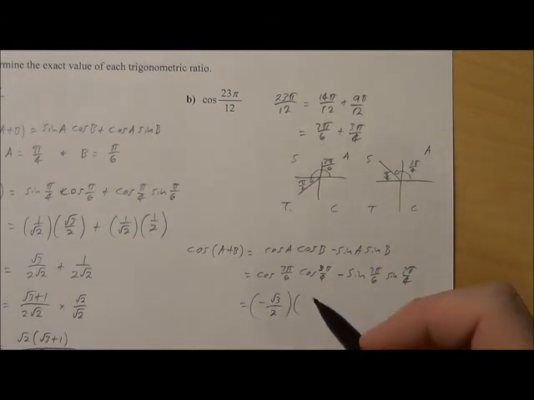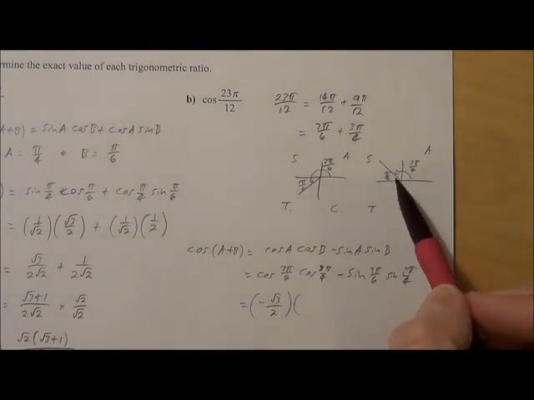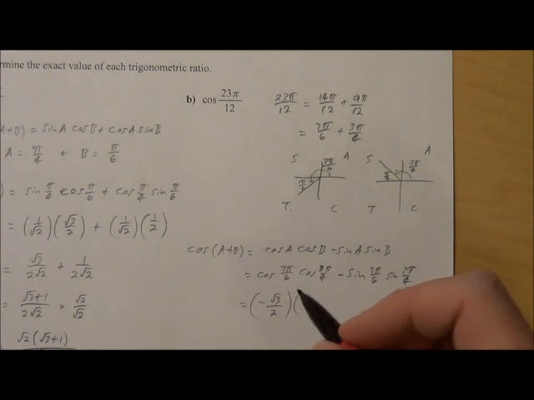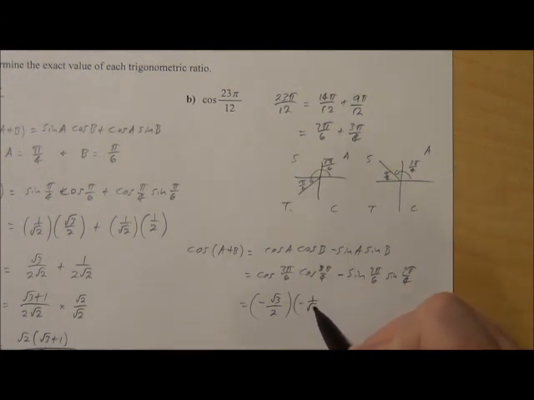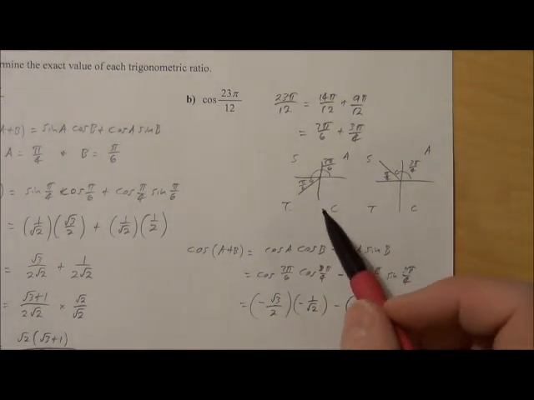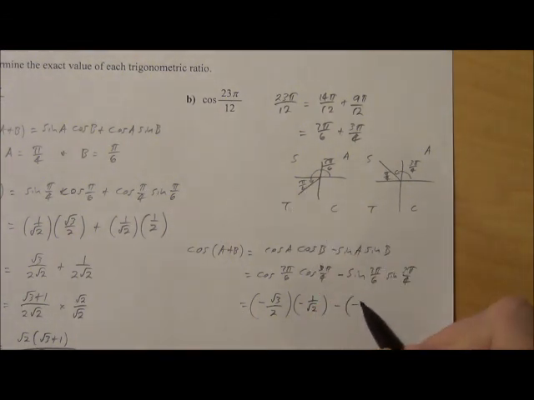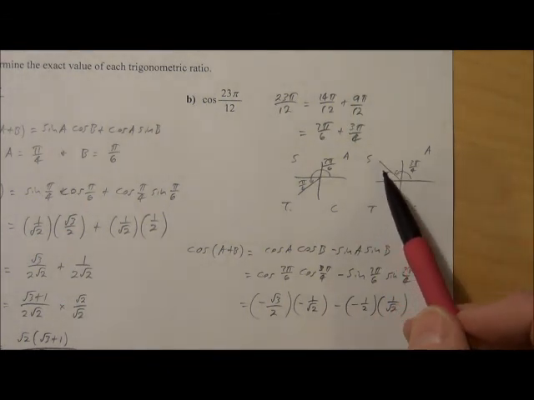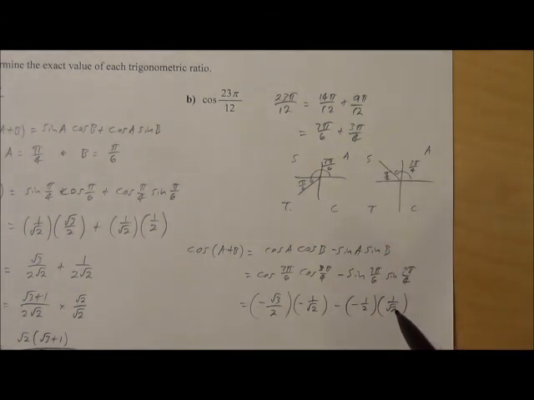Cos of 3 pi by 4 is the same as cos of pi by 4, but again, it's in the second quadrant where only sine is positive, therefore this would be negative. And then sine of 7 pi by 6, again, is the sine of pi by 6 with the negative sign. And sine of 3 pi by 4 is the same as sine of pi by 4, and it's in the second quadrant where sine is positive, so that just stays as it is.